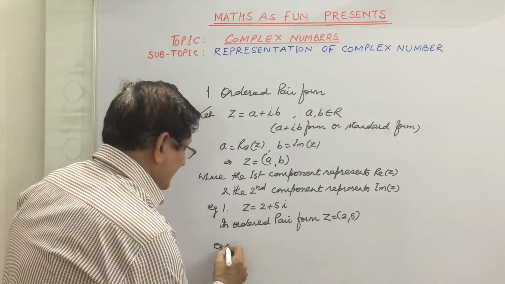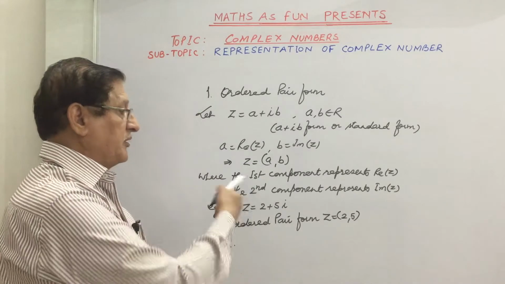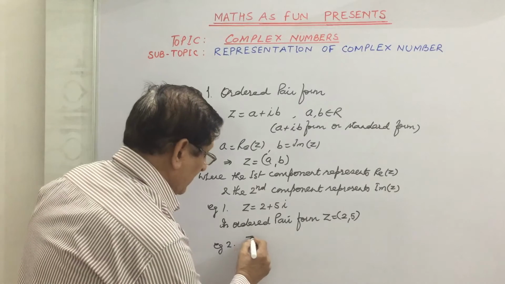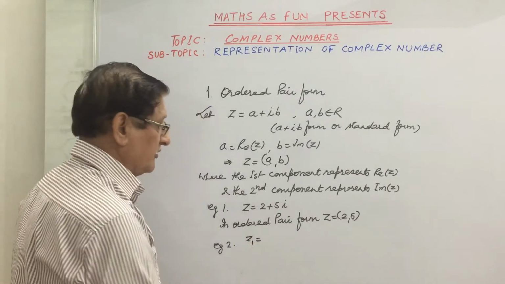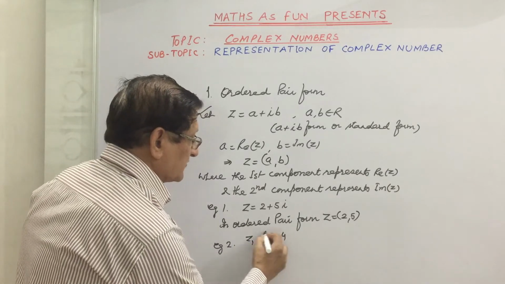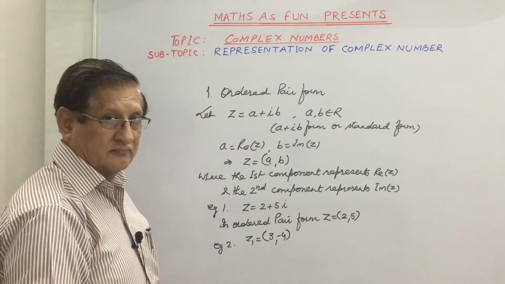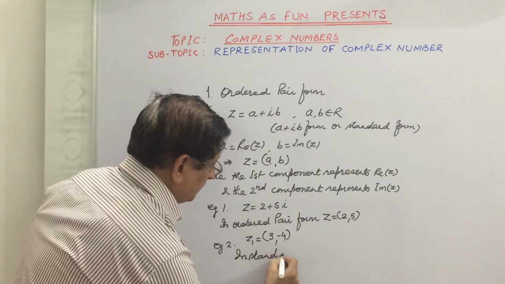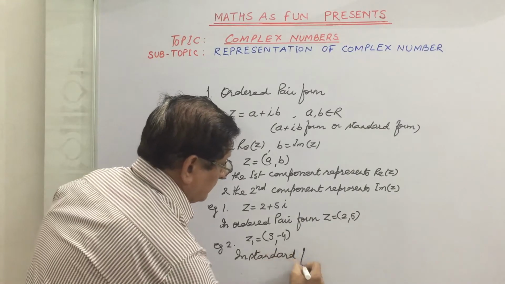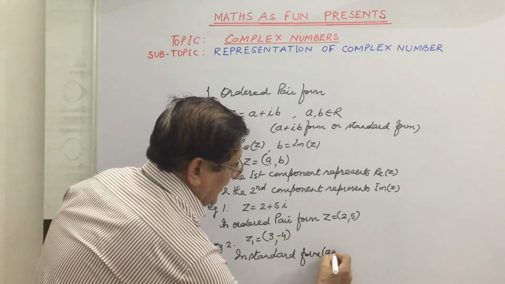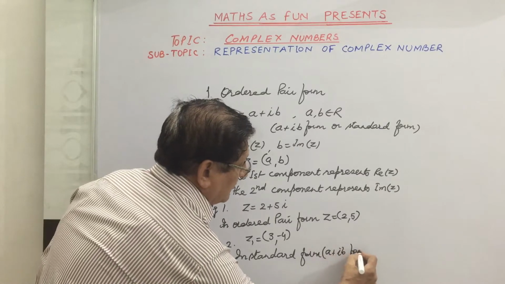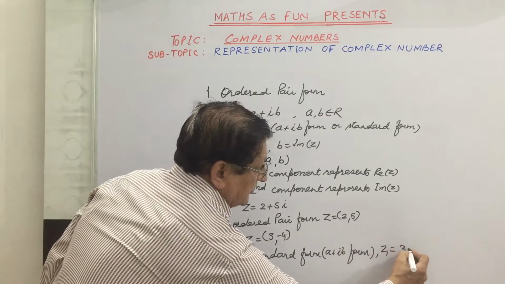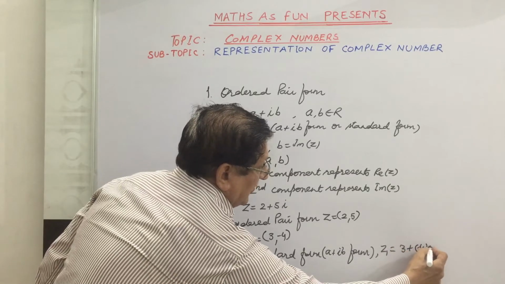Let's take one more example converting ordered pair form into the a plus iota b form. Suppose we have been given a complex number Z1 which is 3 comma minus 4. Then in standard form or a plus iota b form, we can write Z1 as 3 plus minus 4 iota.